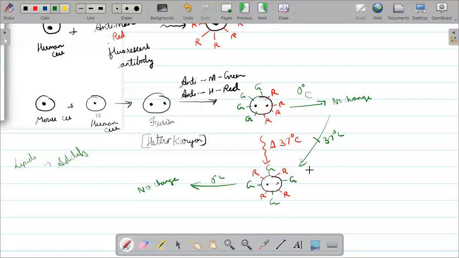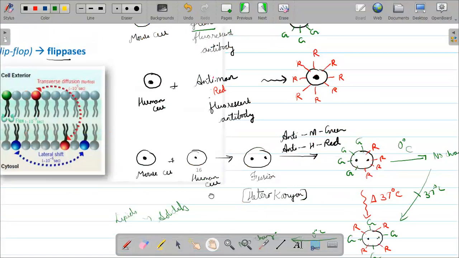When I transferred to 37 degrees Celsius, there were some changes. Again, there is no change when I bring it to 0 degrees Celsius. This is because of the fluidity of the plasma membrane.